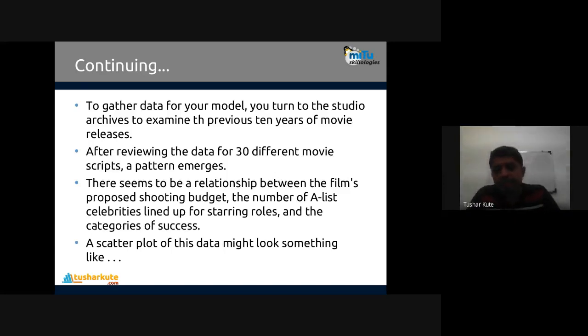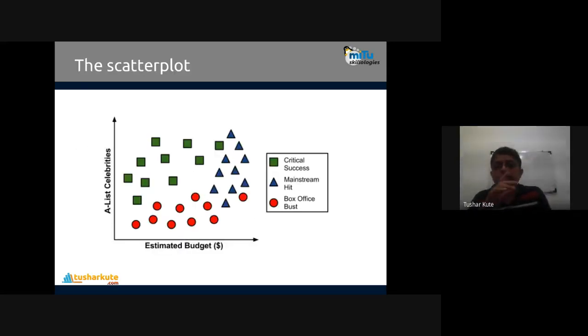Now see how the tree is actually created. We'll continue with this example. The scatter plot of this data will look like this. I have taken only two features, so two-dimensional plotting will be easy for me. That's why these two features are taken. On the x-axis, I have taken the estimated budget of the movie, and on the y-axis, the number of A-list celebrities acting in the movie.